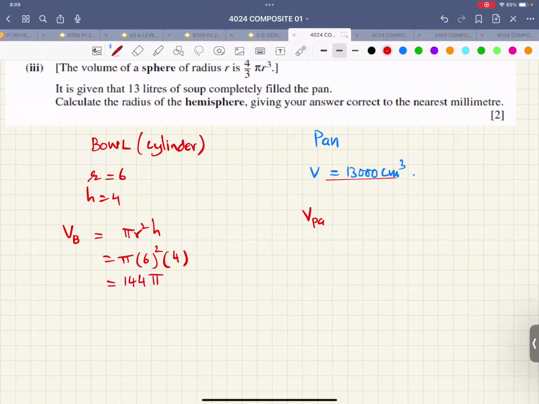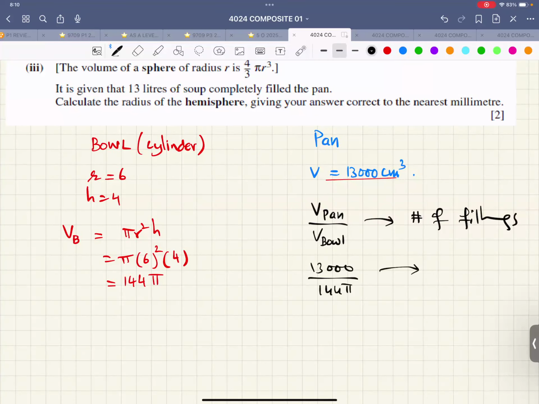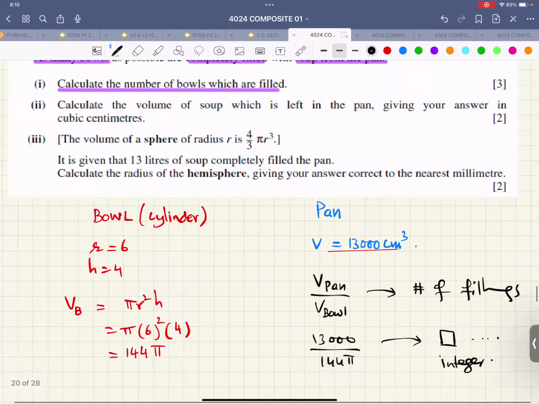So volume of pan, let me change the color, divided by volume of bowl, that will give me the number of fillings that can be done. So 13,000 divided by 144 pi. The integer value, there would be some decimals also, that would be the complete number of bowls which are filled.